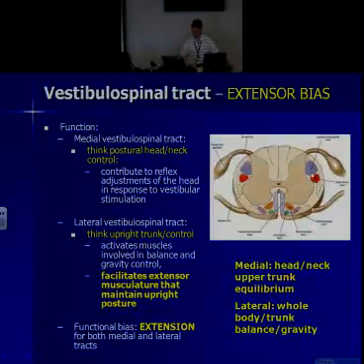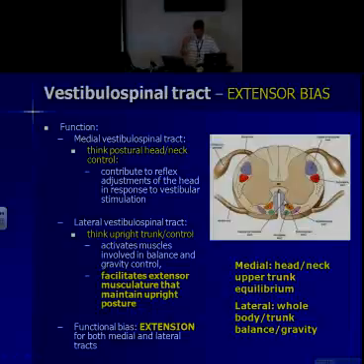They aren't way out here with these guys. So the take-home message is both of them extensor bias. There's two different ones, but function-wise, again, postural, head-neck control, and trunk control, if you will. So, pretty simplistic discussion. You can easily see why all of these guys are really that core postural trunk control and tone control of extensors.